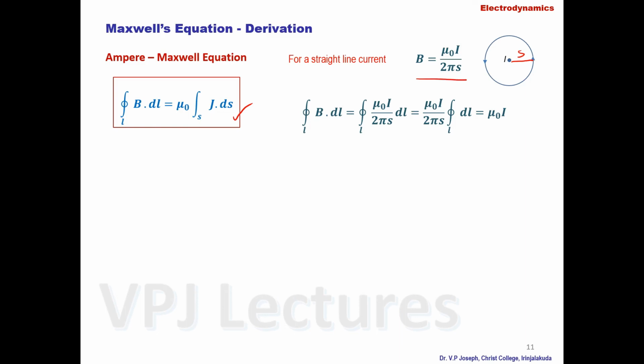Then closed line integral B dot dl is equal to mu 0 I by 2 pi s into the line integral of dl. The line integral is equal to 2 pi s, so it is equal to mu 0 I. So this is a simple proof of Ampere's law for a straight current, by taking the field at a particular distance s as mu 0 I by 2 pi s.